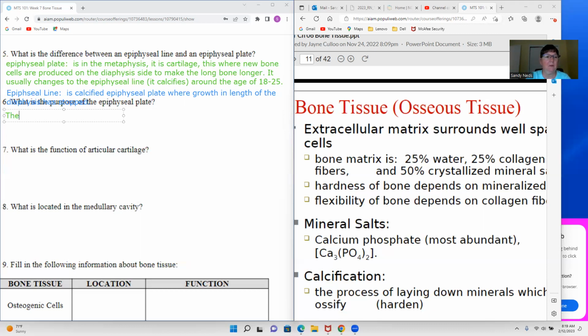The purpose of the epiphyseal plate is to increase the length of the diaphysis, which means the length of the bone, so the individual can grow in height.